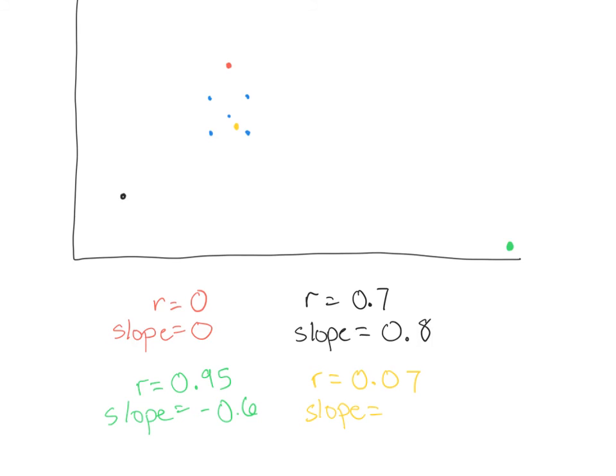And that negative slope, we don't know how high or low the slope is. So since the R value is so low, we'll say negative 0.07, because the slope is weak, since the other numbers kind of drown it out a bit.